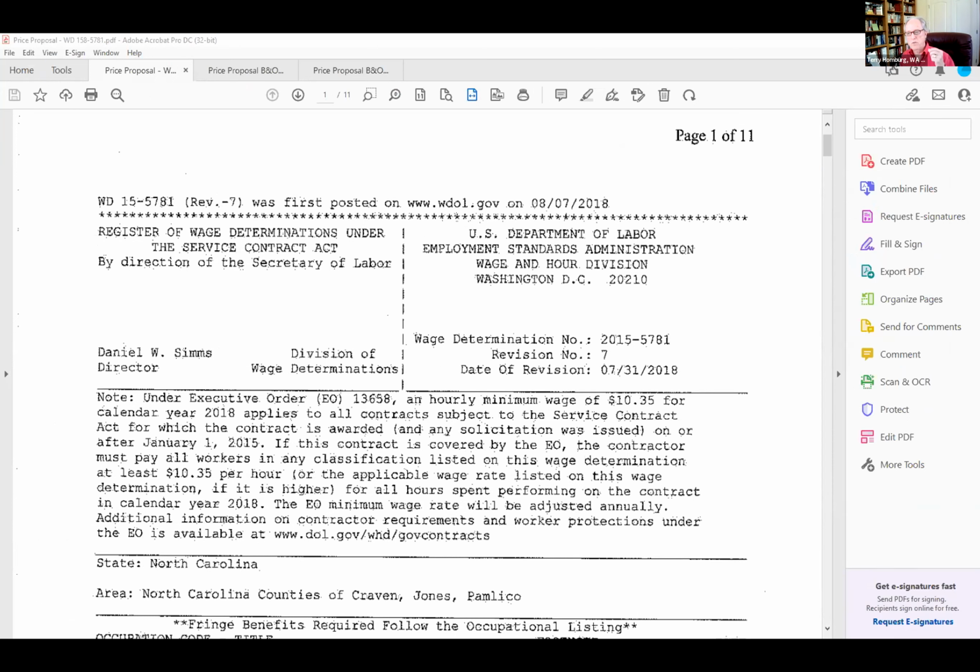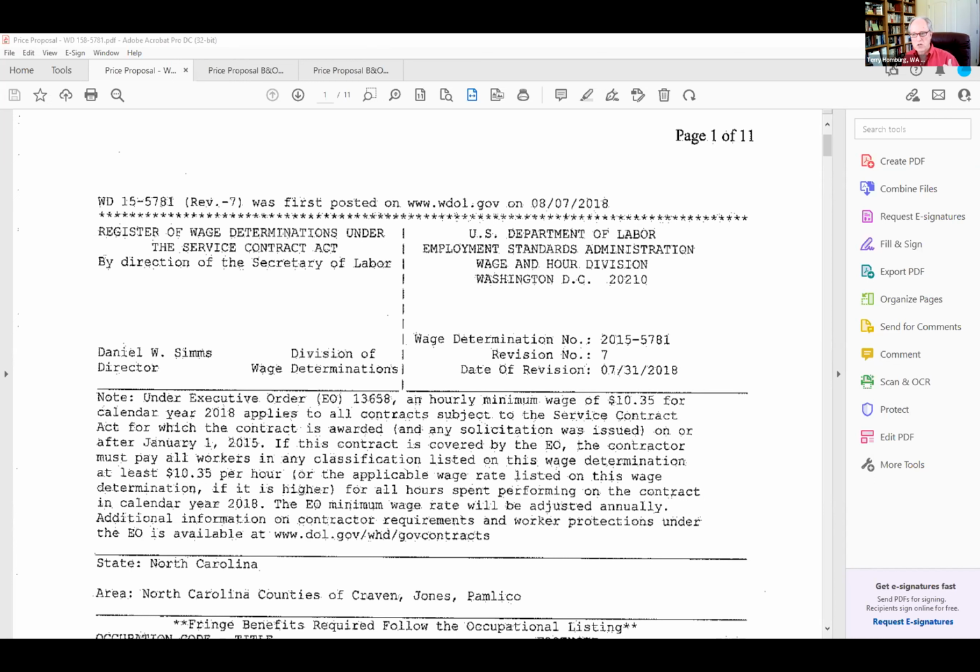Be mindful that in construction, the wage determinations used to be called Davis-Bacon Act. There's a new name for that, and Michelle is going to cover that in her presentation. In construction, it is not uncommon for these wage determinations to change about every 14 days. So you've got to keep current with that.